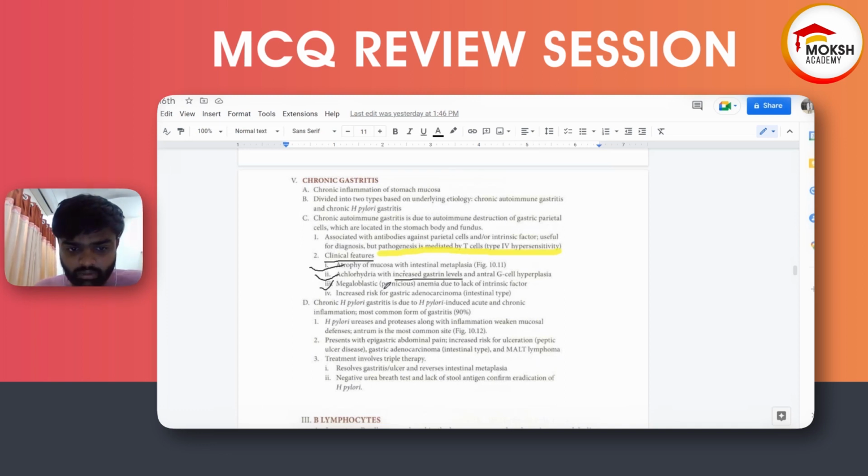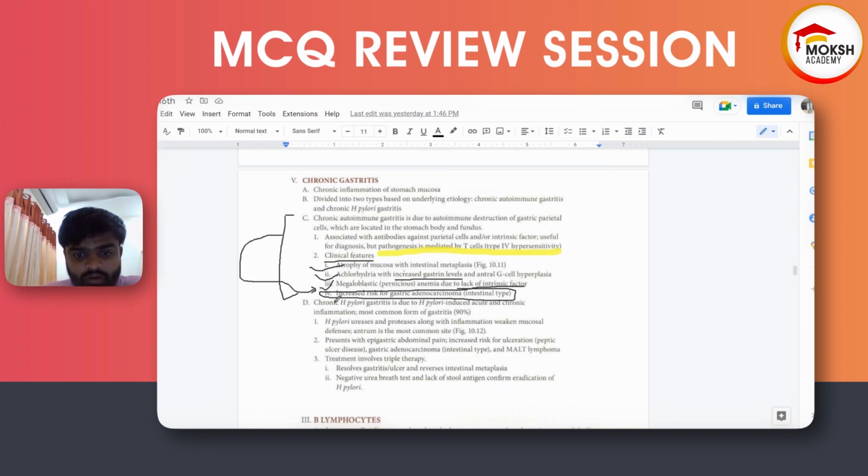The patient might have megaloblastic anemia or pernicious anemia due to lack of intrinsic factor. There is an increased risk of adenocarcinoma, the intestinal type of carcinoma. So remember, patients with chronic autoimmune gastritis have increased risk of adenocarcinoma, while H. pylori is associated with mucosa-associated lymphoid tissue lymphoma.